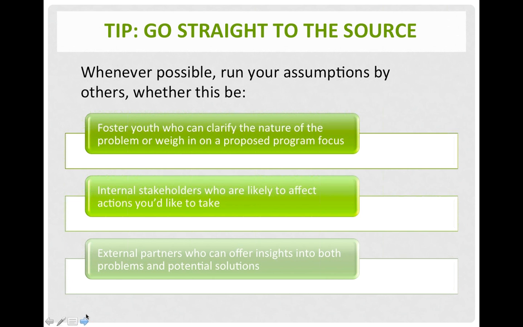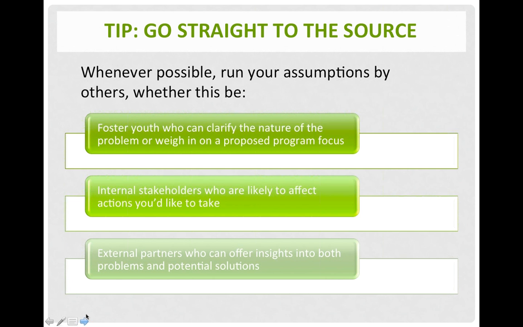And that's really this next point, that you need to go straight to the source. So when you have an assumption and you're trying to understand whether it's true, or you see a data point and it really surprises you, you really want to go talk to other people and not just sit there alone with that number. I always believe that one of the most important things that we can do is go straight to the people that we're serving and ask them.